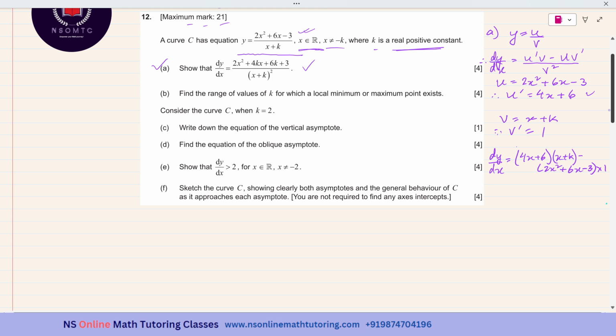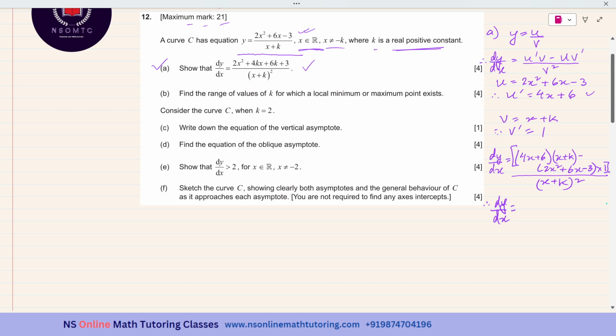This whole thing is divided by v squared. v is x plus k, so it is x plus k whole square.